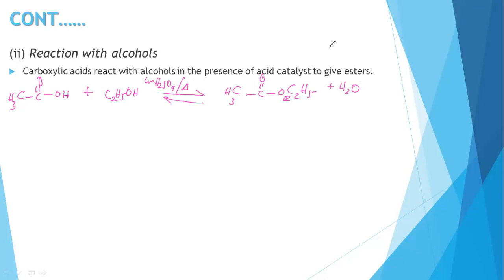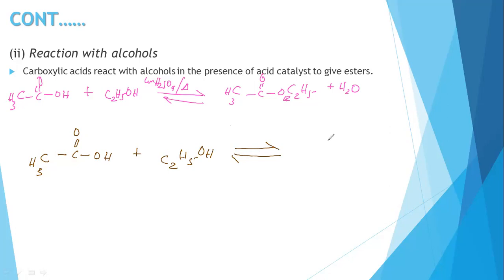The first step is the CH3COOH reacting with C2H5OH. The acid is the catalyst we are using. Why? To boost up your reaction. This acid is not taking part in your reaction.